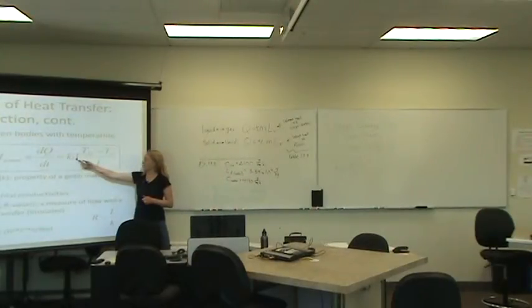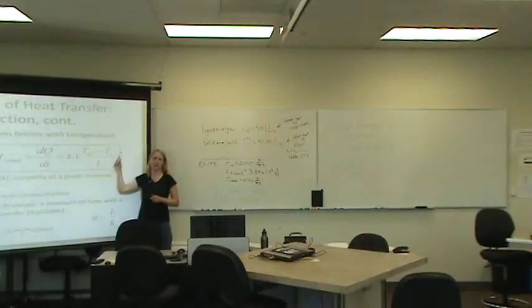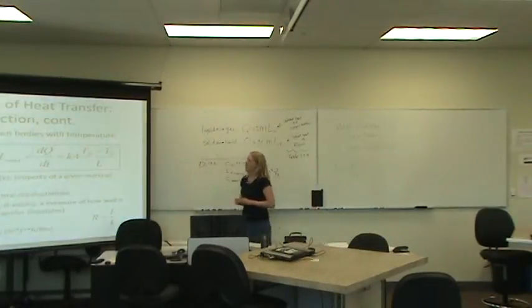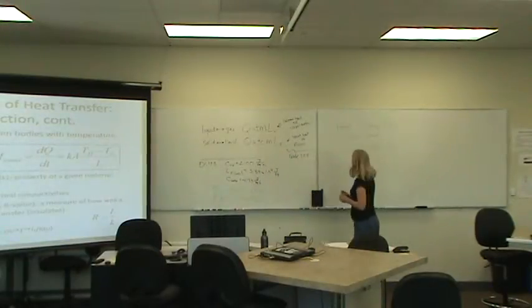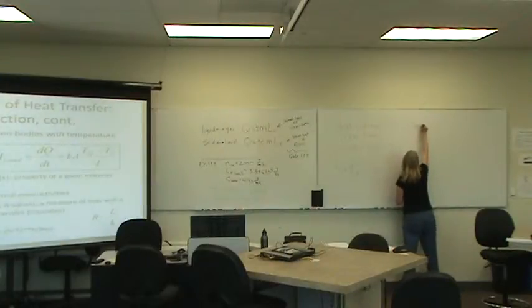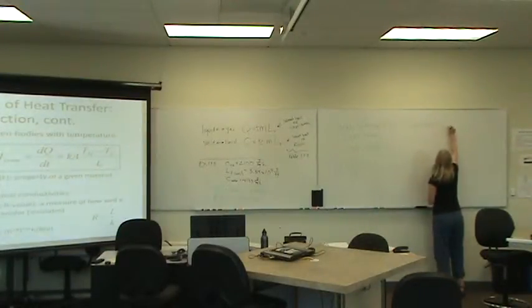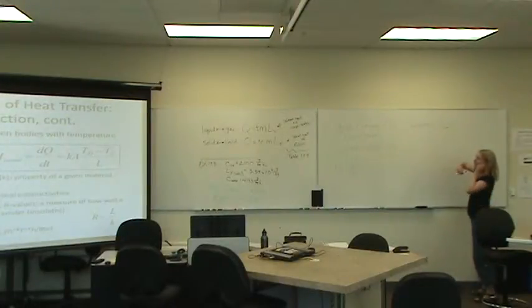Again, A is cross-sectional area, this is the temperature of the hot side minus the temperature of the cold side, and L is the thickness. Watts per meter times Kelvin, yeah.